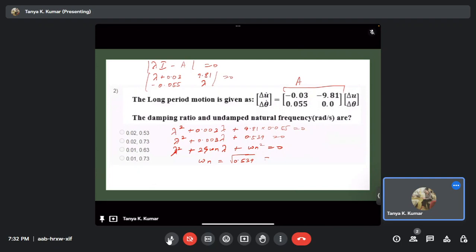Square root of that is, what is the value? 0.735 radian per second, correct? Now 2 eta omega n is 0.03, so eta is 0.03 by 2 into 0.735. How much is this value?